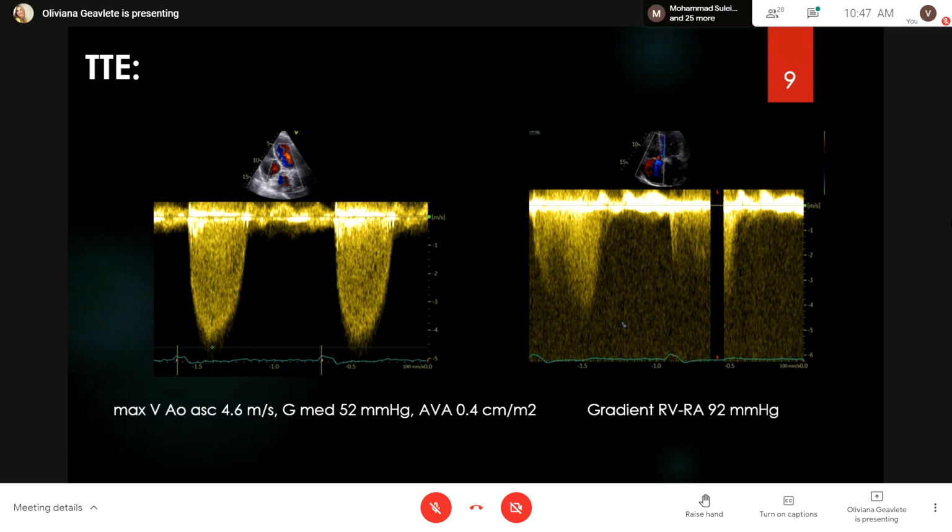We will go through the criteria in a couple of slides. And this one here is the envelope of the gradient between the right ventricle and the right atrium. It's 92. So probably we will have a very high systolic pulmonary pressure. This patient has some problems.